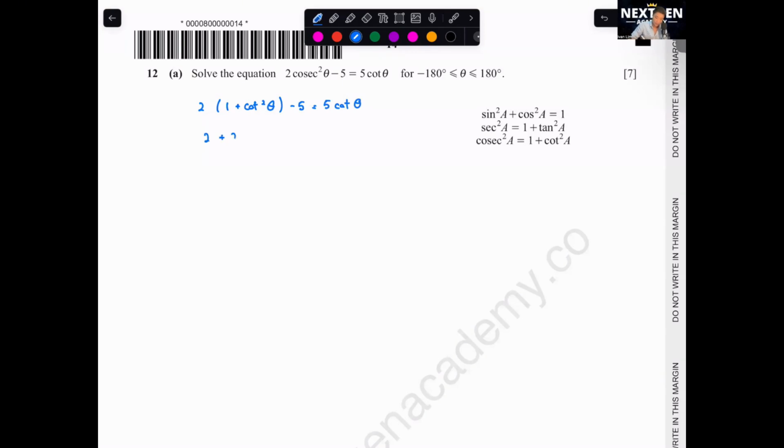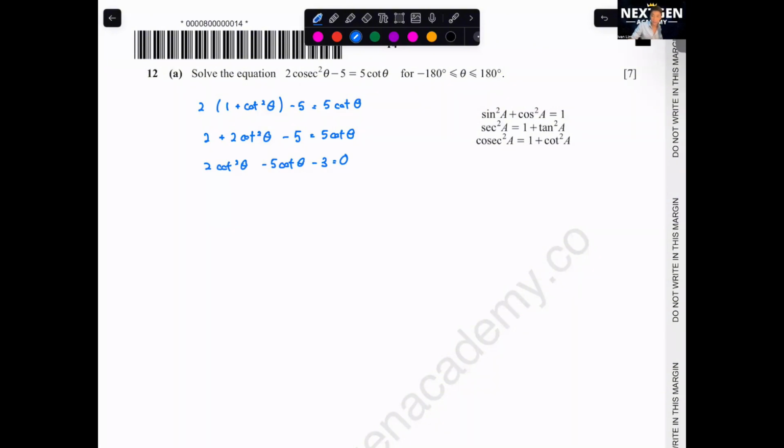Okay, open up. 2 cot square theta minus 5 equals to 5 cot theta. 2 cot square theta minus 5 cot theta minus 3 equals to 0.